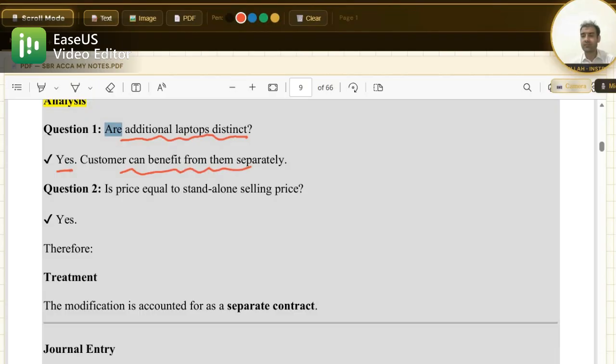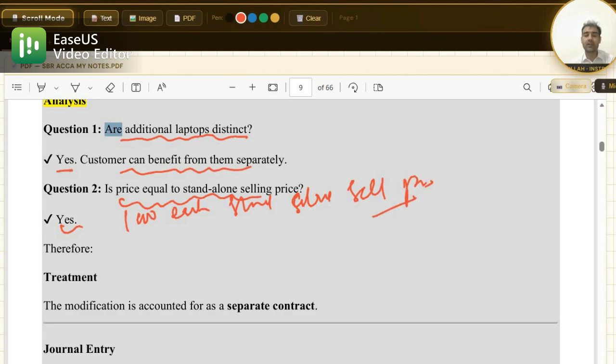Yes, because the customer can use them separately. The second question is, is the price equal to the standalone selling price? Yes, because 1,000 each was the standalone selling price, and this price is the same as before.